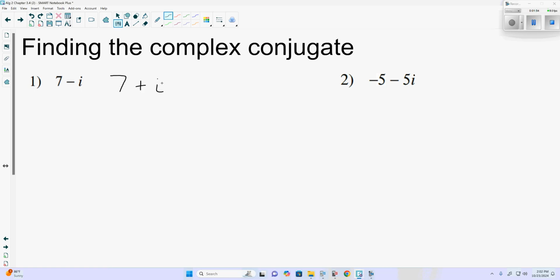Negative 5 minus 5i's complex conjugate would be negative 5 plus 5i. And that is it. Questions on the first two?